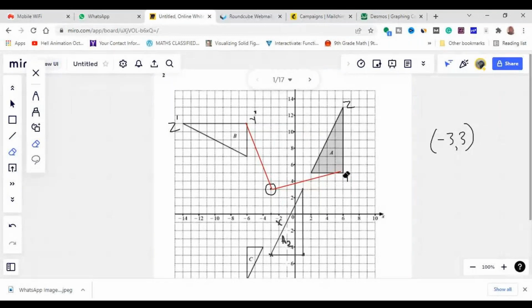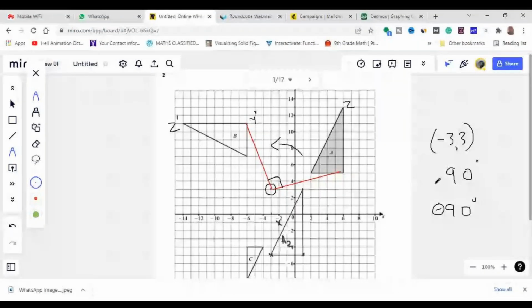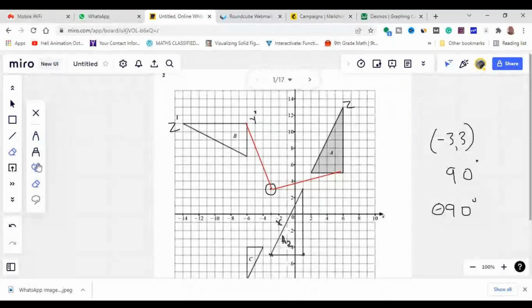So 90-degree positive means anti-clockwise 90-degree. Negative 90-degree means clockwise 90-degree. So the sign tells you about the direction of your rotation. And as my software does, on your manual work, how do you do it? You just join your center point with your y.